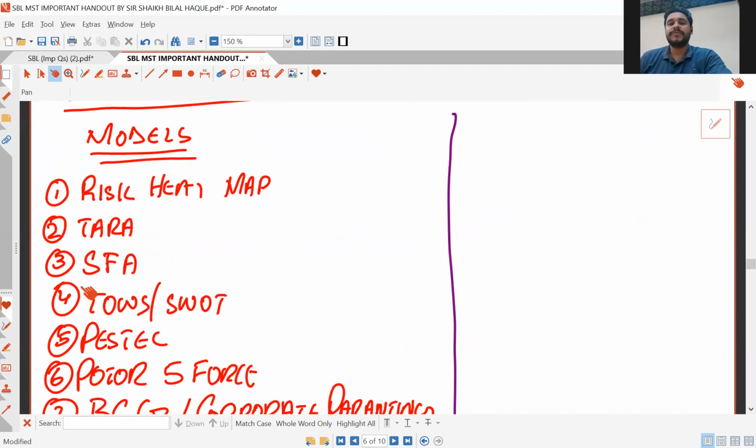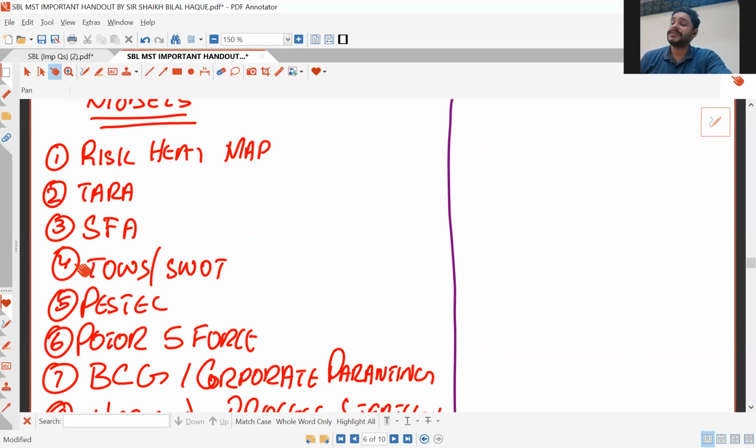Now, these are the topics that I feel, trust me, can be the most important areas in the SBL examination. However, the real scenario might be different. One thing for sure is that you will be covering each and every part, but at the end of the day, there are certain topics that you need to go through specifically.